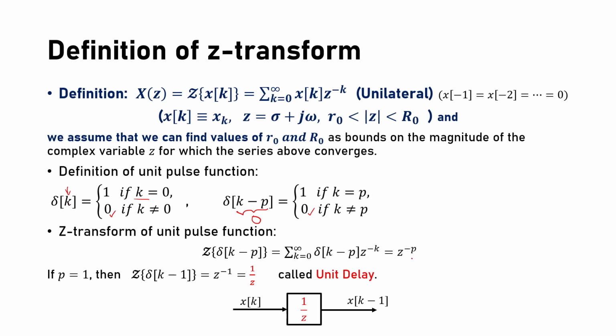This is the transform of the delta function with the argument k minus p. In one particular case, p equal to 1, the Z transform of the unit pulse function equals just 1 over Z. 1 over Z is called unit delay.